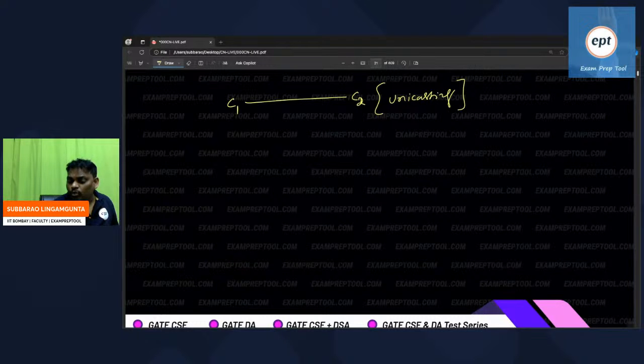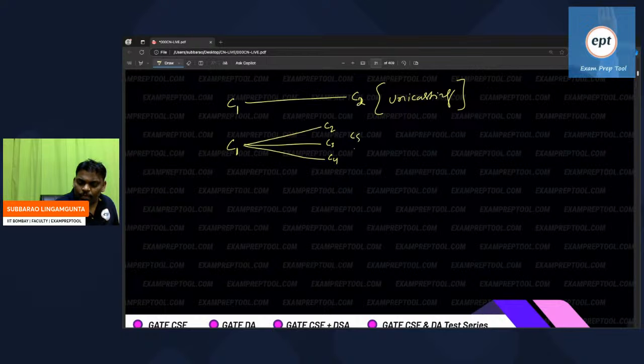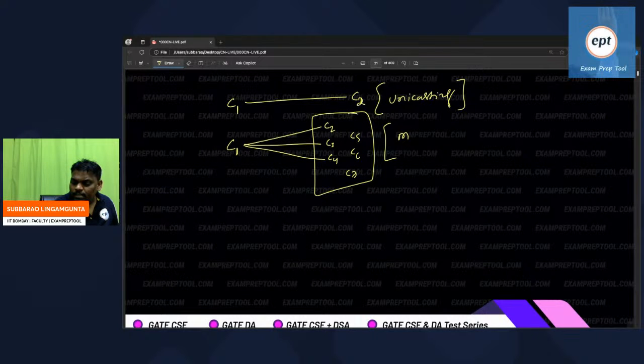This is called unicasting. One computer is sending to 3 people, even though many people are there. This is called one to many. This is called multicasting.